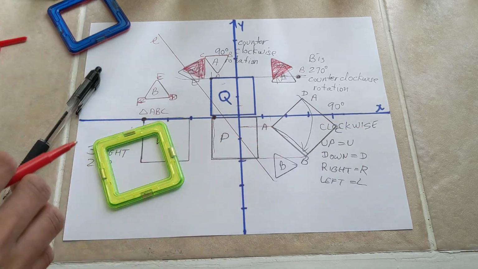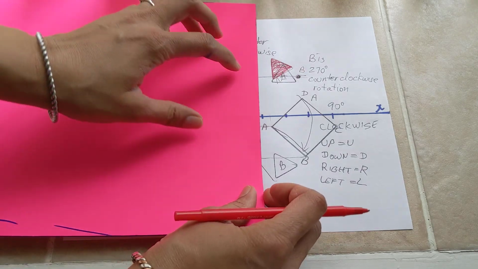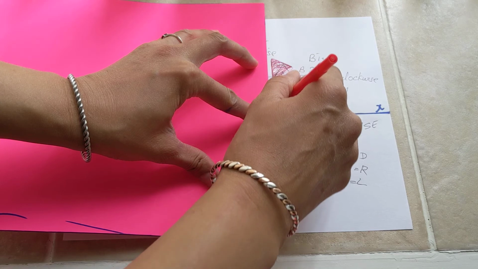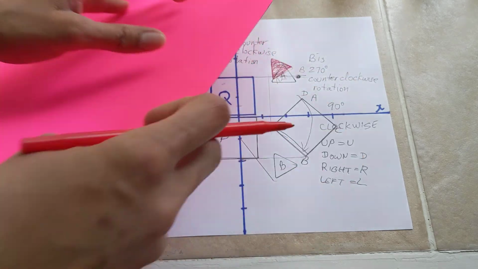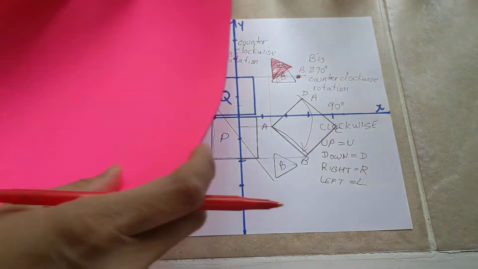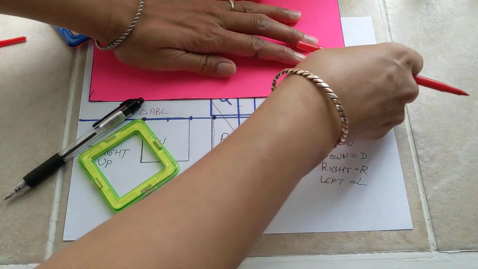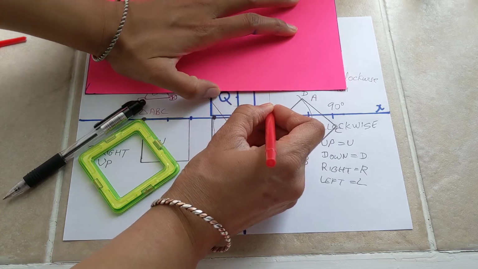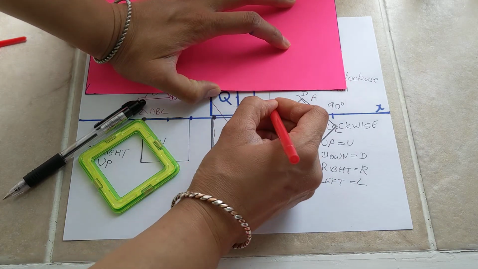I have to align it vertically and horizontally, so I'm going to draw a dotted or faint line here, and then see how much of this. With my handy dandy ruler here, this is where my A is going to end up.